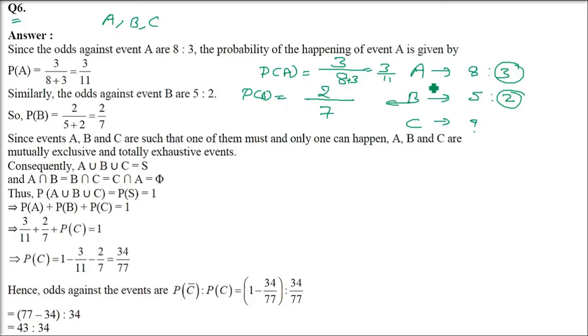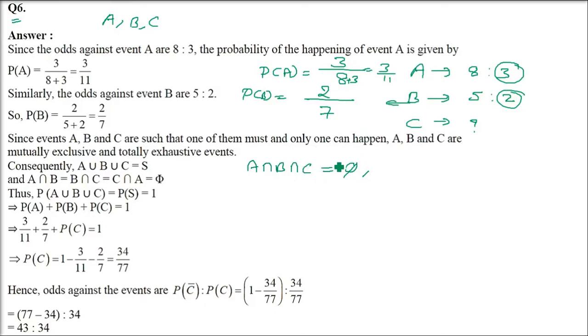Now it is quite clear that they are mutually exclusive, and in fact all the events are mutually exclusive. So A intersection B intersection C is of course φ. They are also pairwise mutually exclusive.